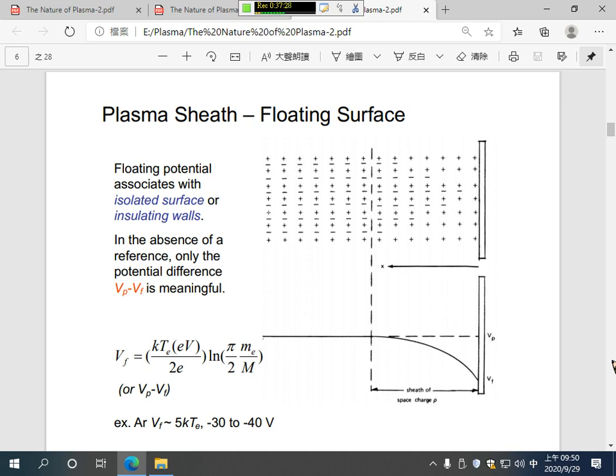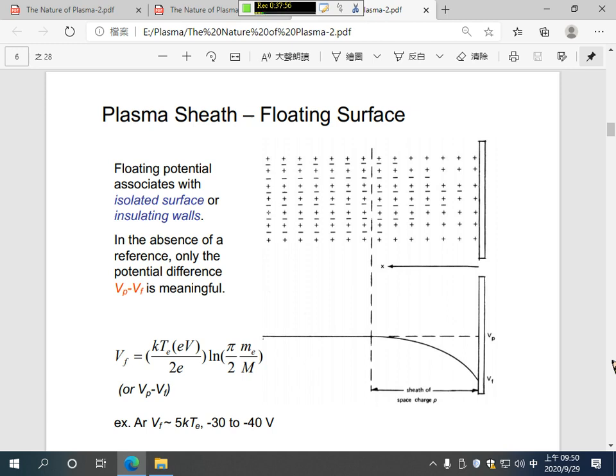The left part is the main body of the plasma, and this part is the plastic surface. The plastic surface is negatively charged, so the potential at the surface becomes negative.